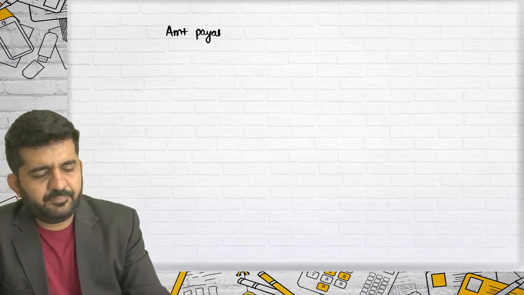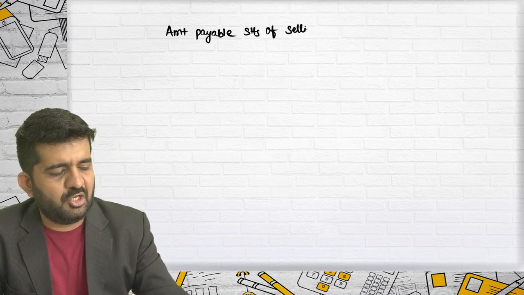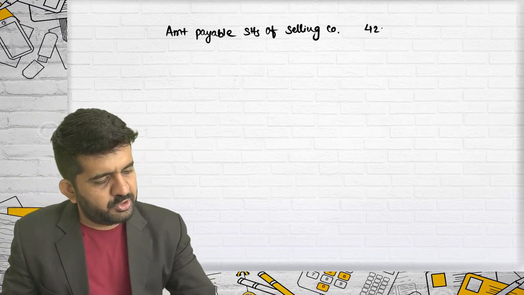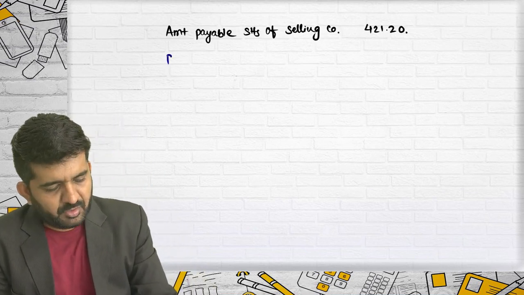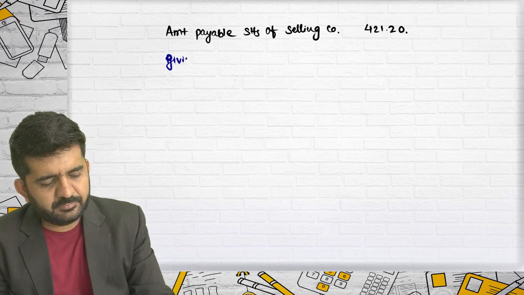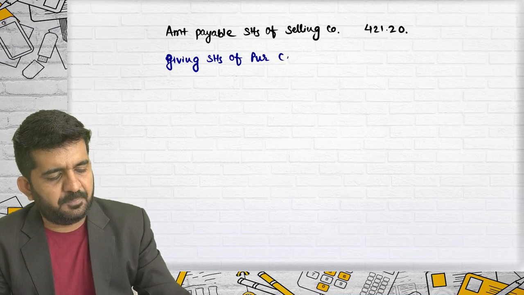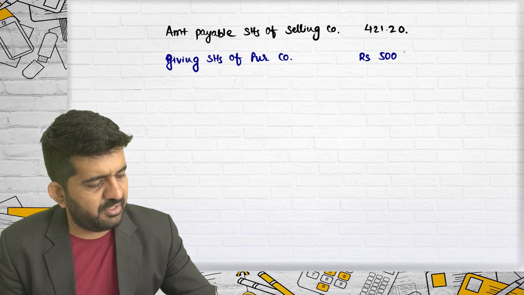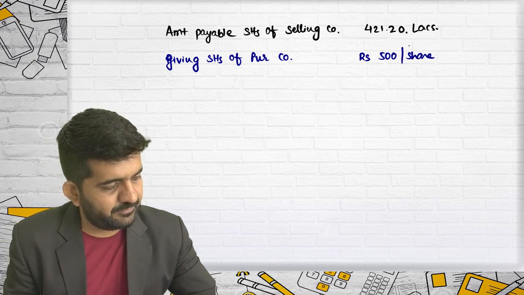What is the amount payable to shareholders of the selling company? Total is 421.20. What are you paying them? You are giving shares of the purchasing company which is worth rupees 500 per share. These rupees are in lakhs.